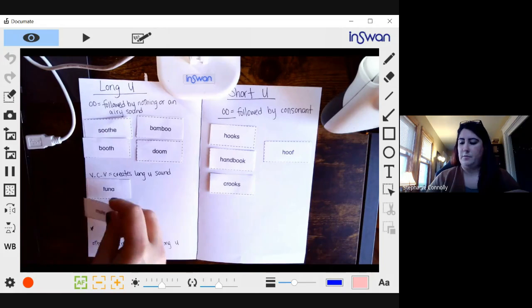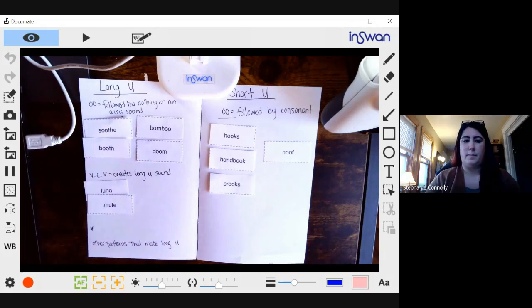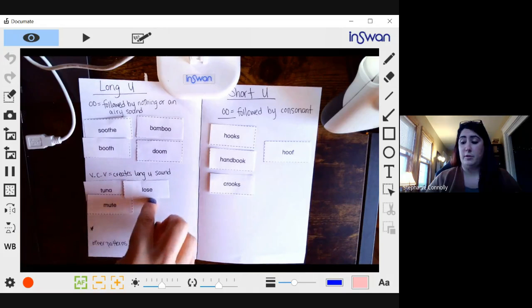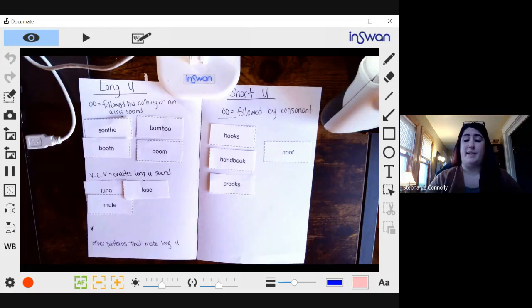Then we have mute, which follows that normal pattern that we know of vowel, consonant, vowel, and it's an E at the end. We have lose, which isn't a U, but that E and the S make that O turn into a U. So we have lose.